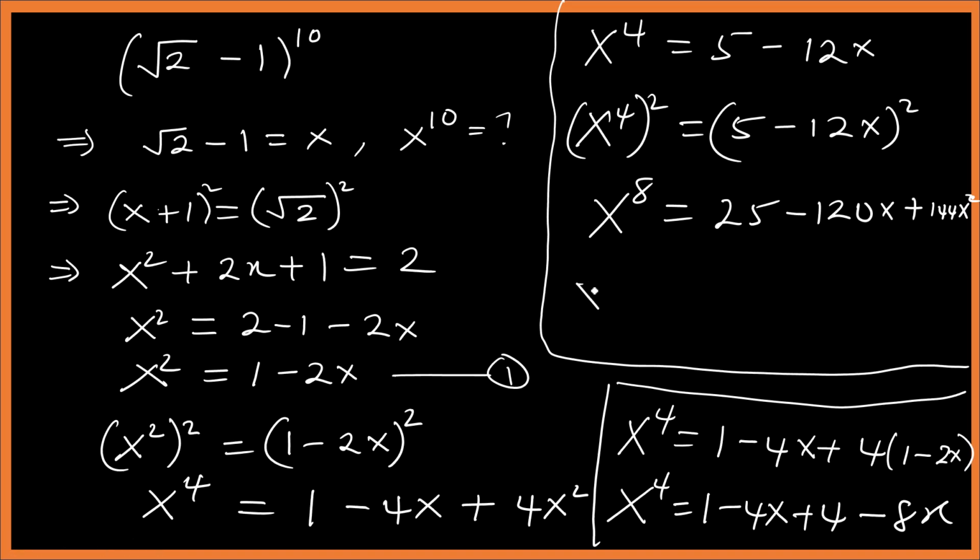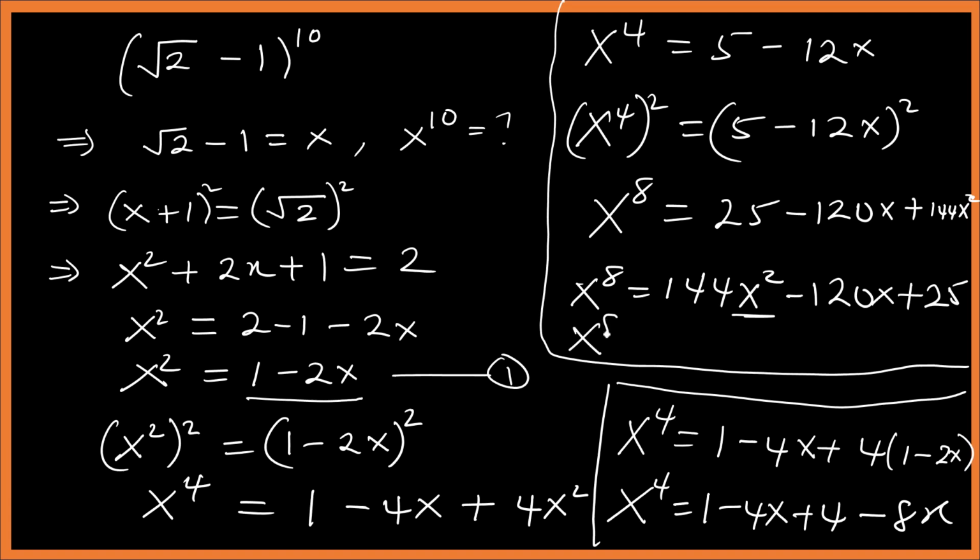So x to the power 8 is 144x squared minus 120x plus 25. We can still do substitution: x squared is 1 minus 2x. So we have x to the power 8 equals 144 times (1 minus 2x) minus 120x plus 25.